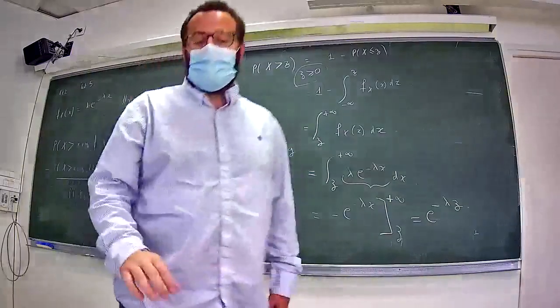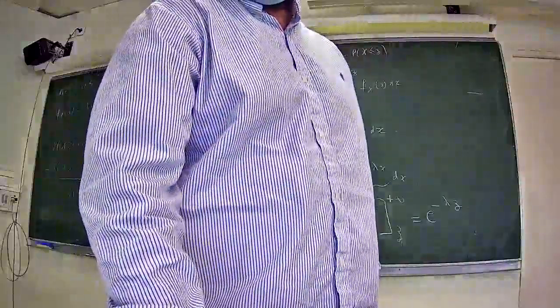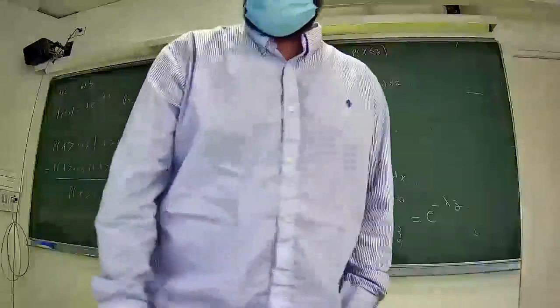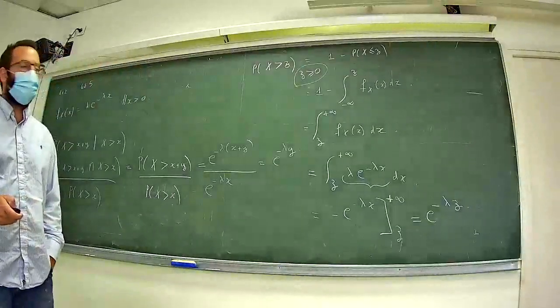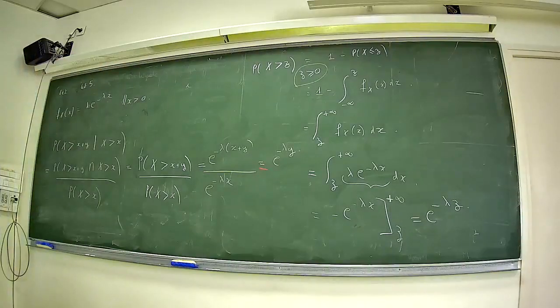So if I come back to my statement, yes, there is a little misprint. The fact that this ratio, this conditional probability, obtained to be equal to this red part here, is exponential minus lambda y. That is just the probability that X is strictly greater than y. So in the statement here, just replace my x here by y.